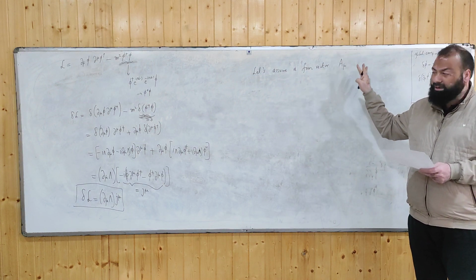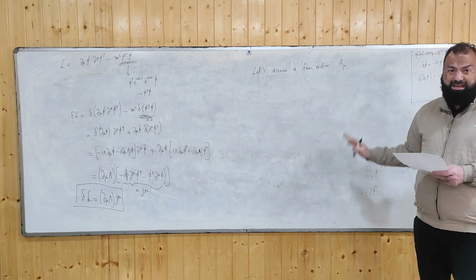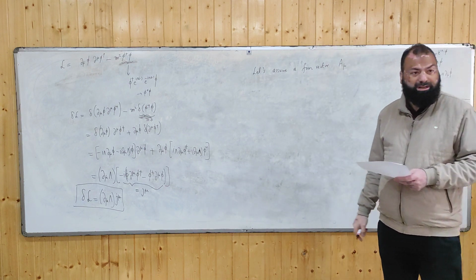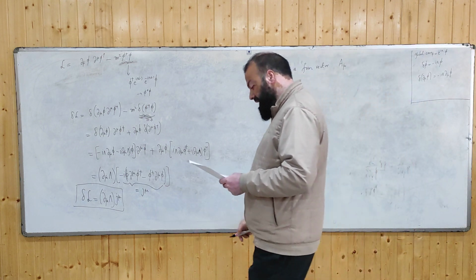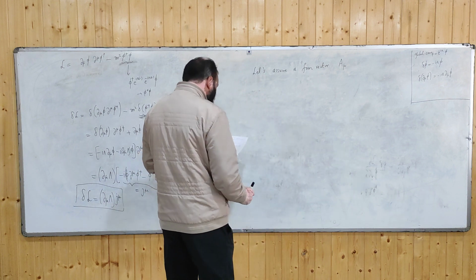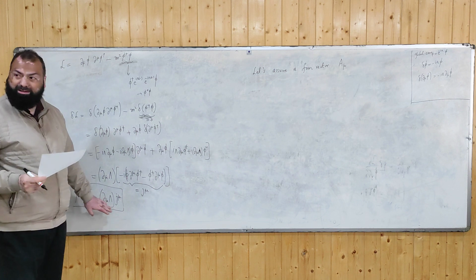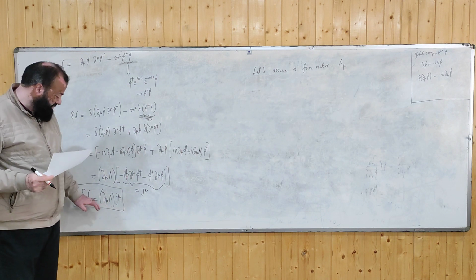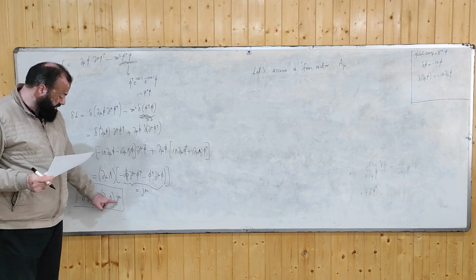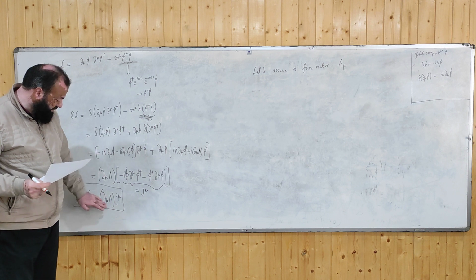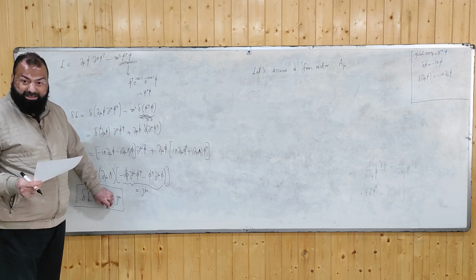Later on we will interpret exactly what this A mu is. So let's add an additional term. Now I need to cancel this very term, this partial mu lambda. Clear?